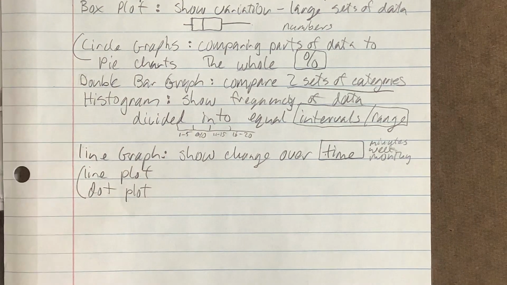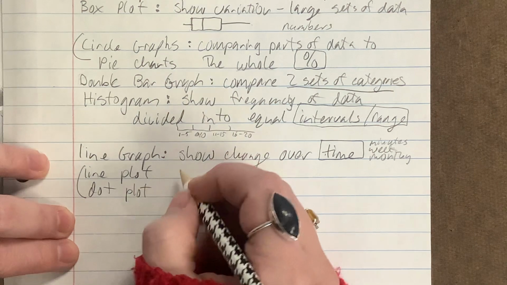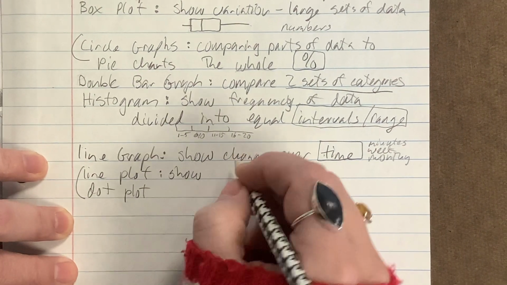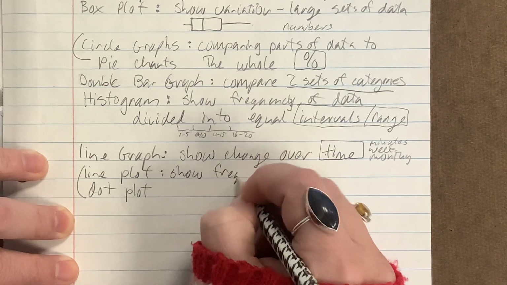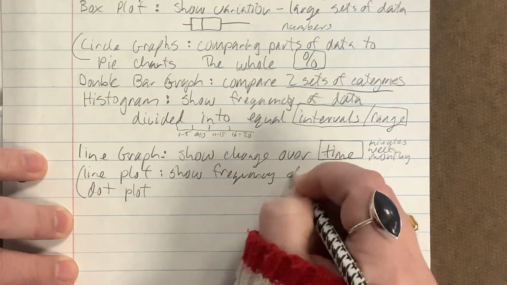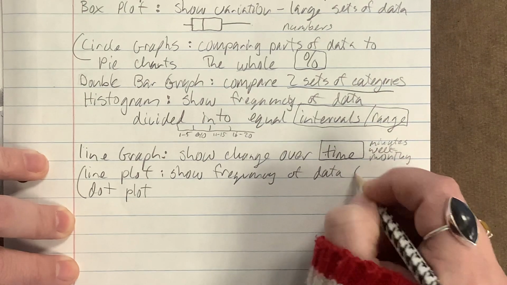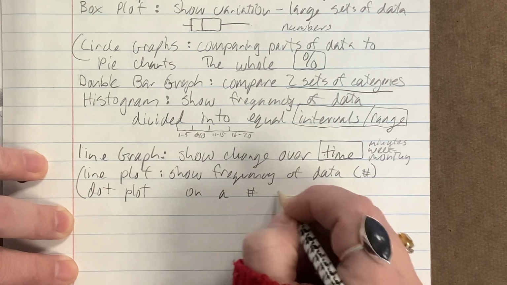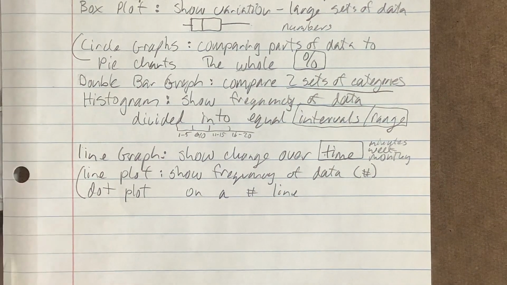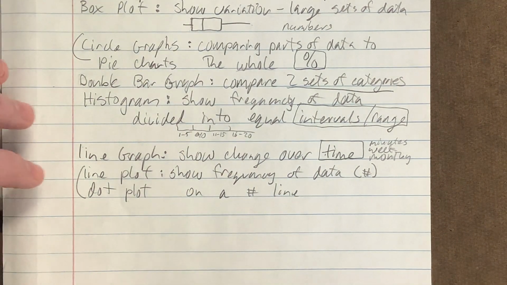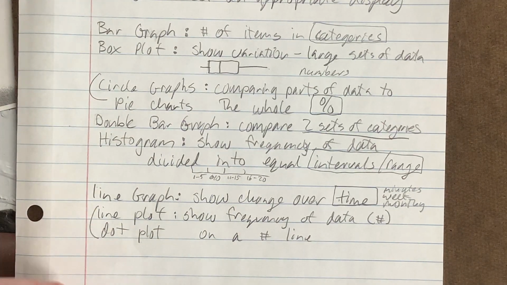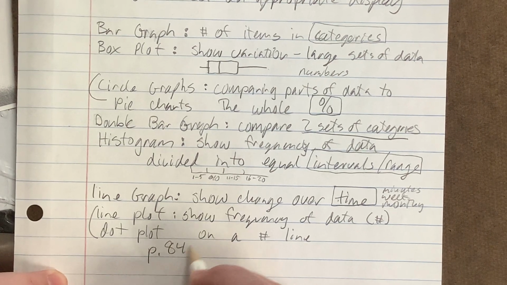Okay, and line plots or dot plots show frequency of data, and again, this data is going to be in numbers on a number line. Okay, so those are our types of graphs. This chart, this information is in your book. It's on page 840.